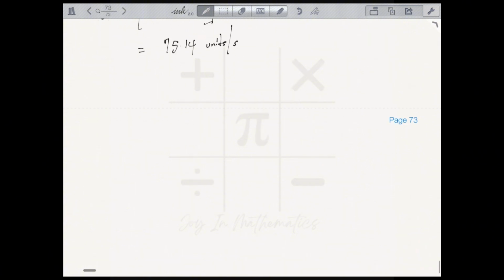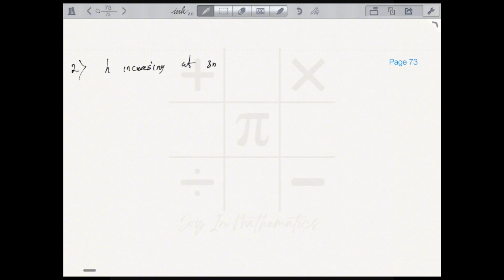Let's take another example. Given that the height of a right circular cone, h, is increasing at 3 millimeters per second, r is decreasing at 2 millimeters per second.